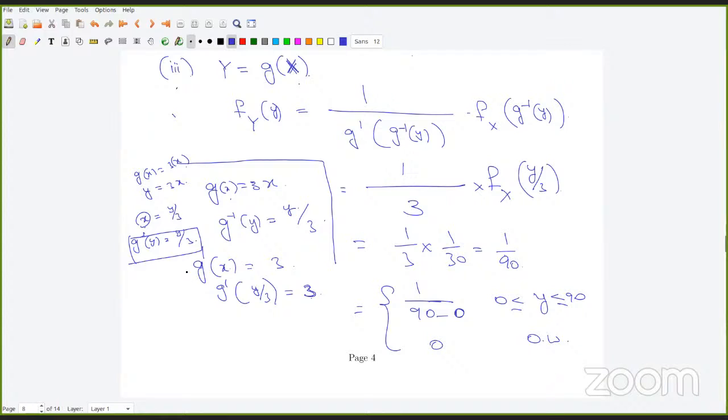Now treat this g dash of x as a new function, capital G of x. So this is a constant function. Whatever x takes, my output is 3 only. So if my input is y by 3, then the output will be 3 only. What is this y by 3 actually? It is g inverse of y. So g dash of g inverse of y is actually 3.